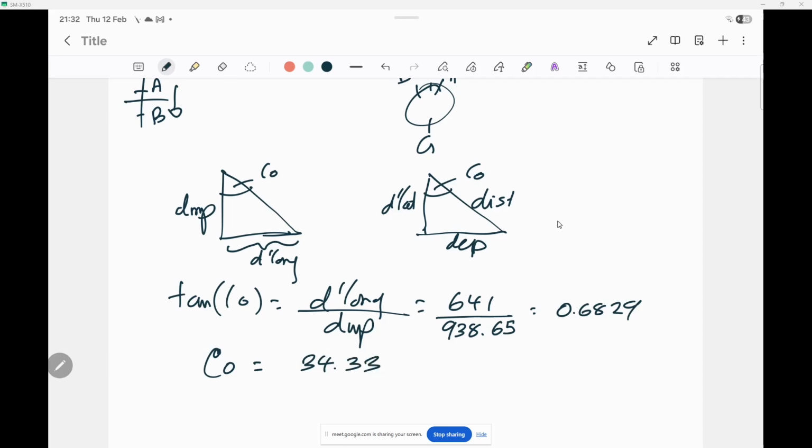In this case, I went into two decimal places. It will be much more accurate, right? So south easterly course 34 decimal 33. Have you got the answer? Is this course correct?